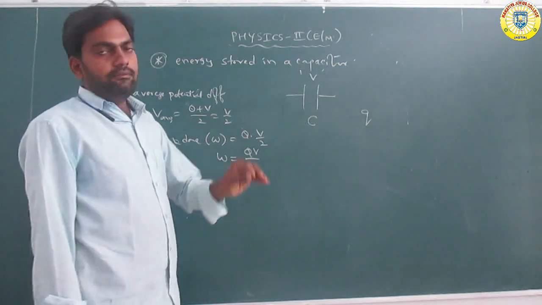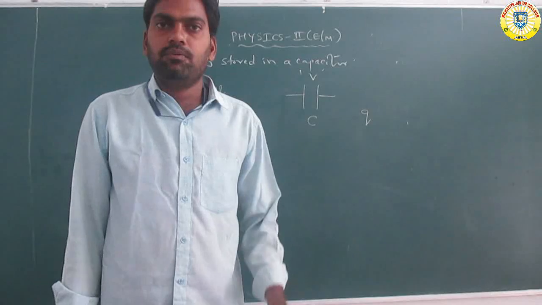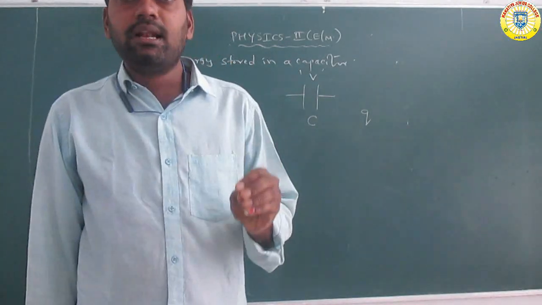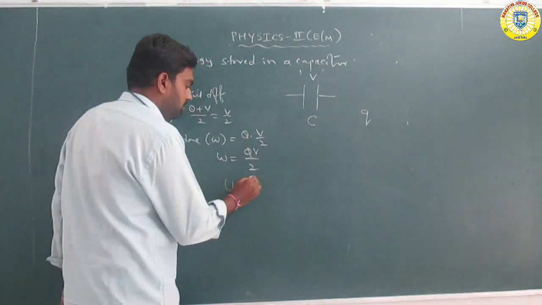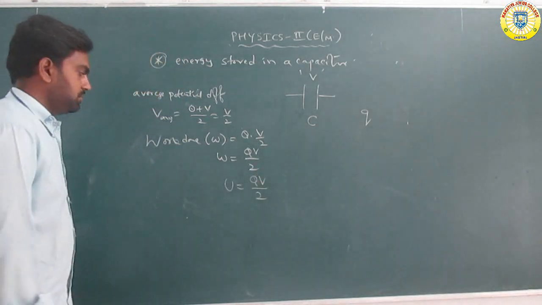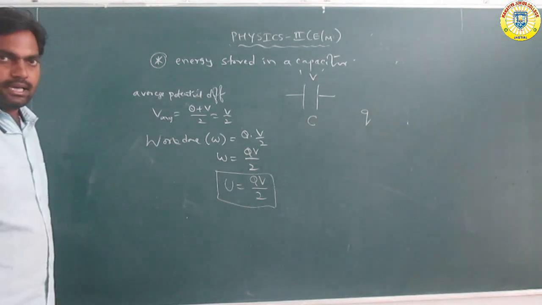The work done will be stored as potential energy. So the potential energy U is equal to QV by 2. This is called the energy stored in a capacitor.